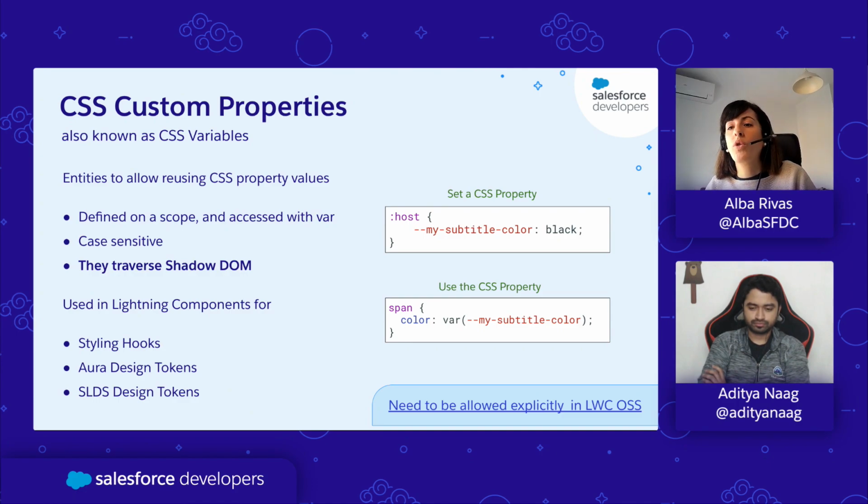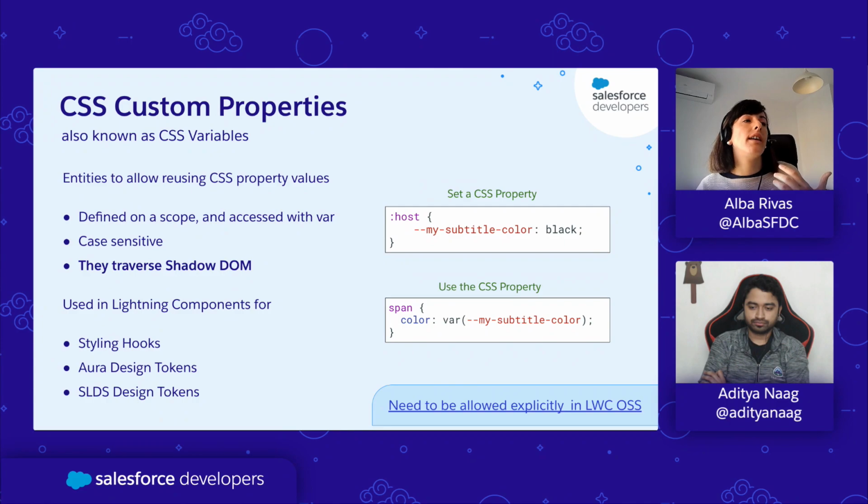What's the issue or the benefit that we can get from using custom properties in regards to Shadow DOM? That they are able to traverse the Shadow DOM. So if sometimes you need to apply a cascaded value to an internal element of a Lightning Web component and you are not able to do that because of Shadow DOM, you can use CSS custom properties to overcome that restriction.